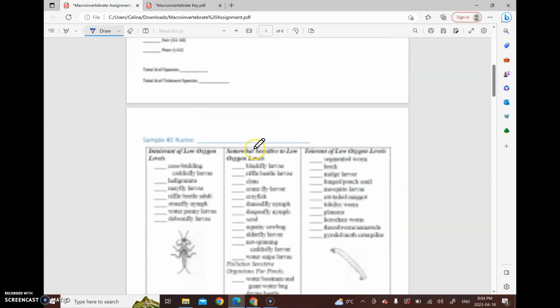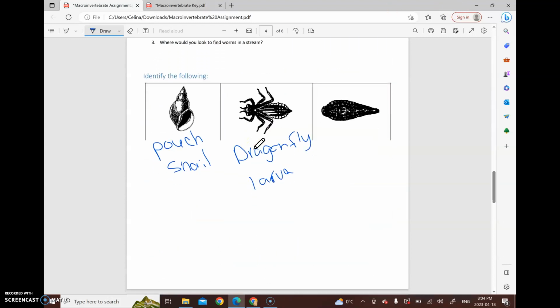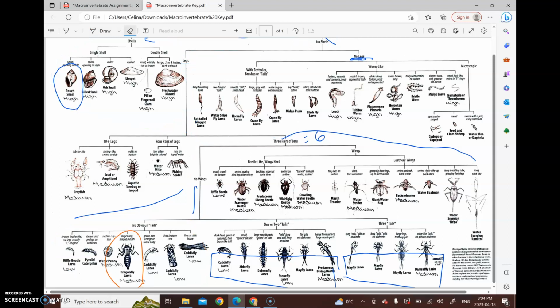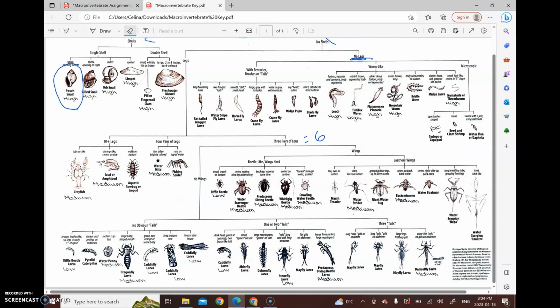And then lastly, let's look at the third one. This fella here, it's not a shell, doesn't have legs. So let's go to the dichotomous key. I will erase what I got going on here so it doesn't look so confusing. Okay, so it doesn't have legs.